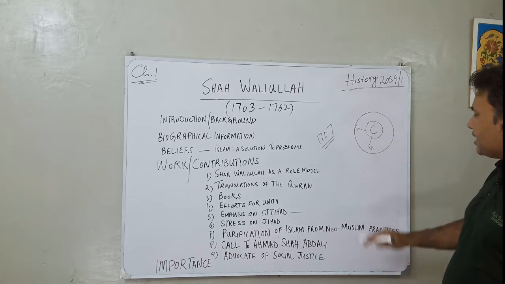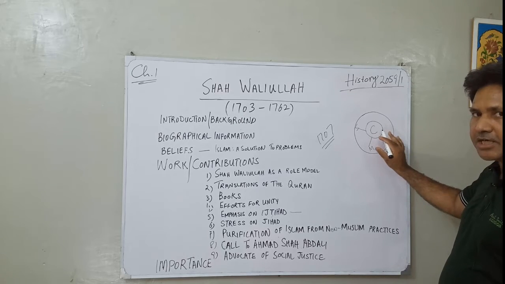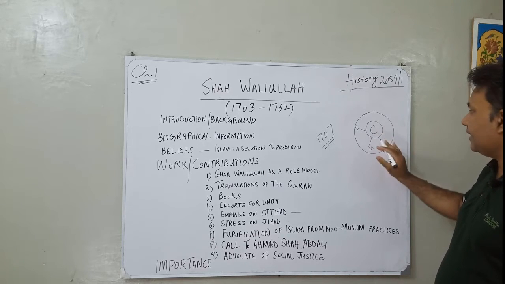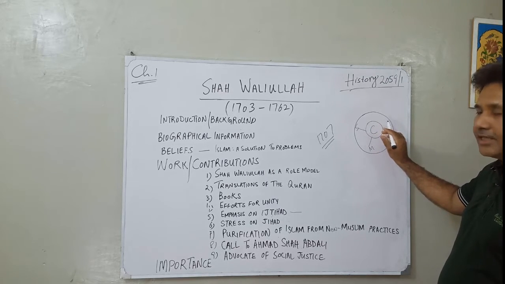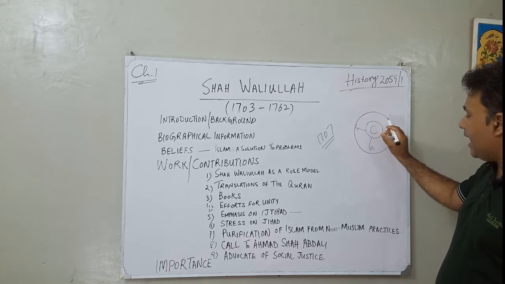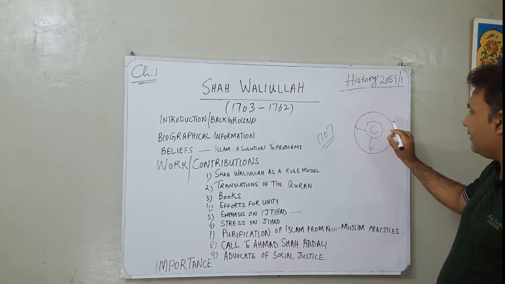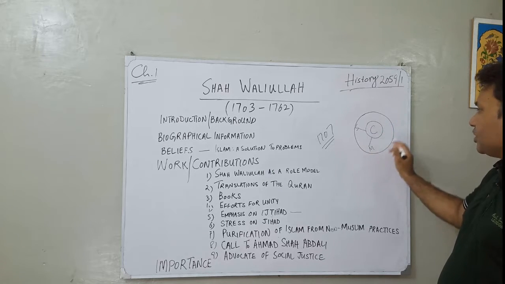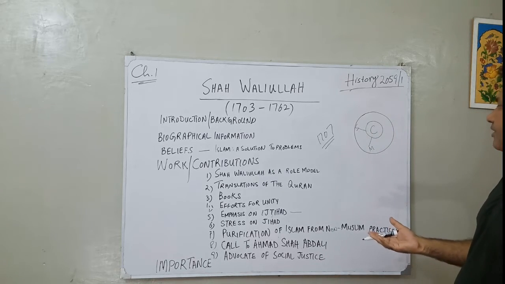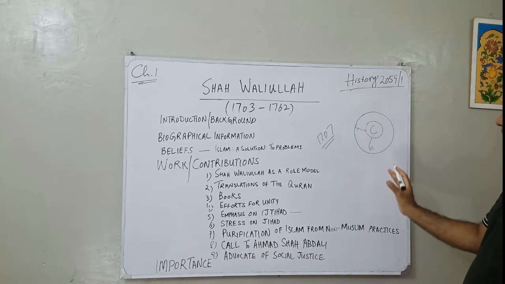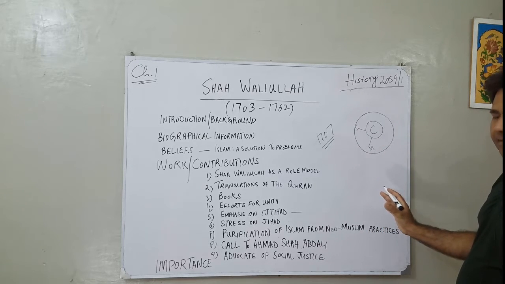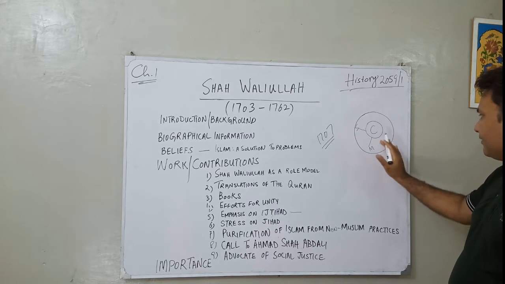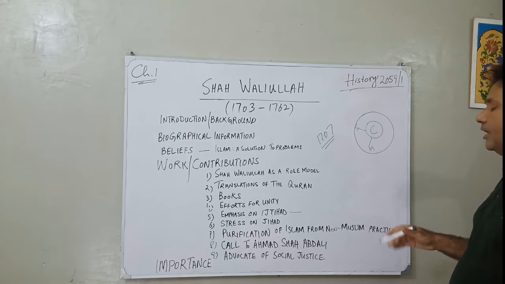And obviously the central administration of the Mughal government became weak or ineffective, and the central government had lost or had weak control over administration of the regions, and this showed that the Mughals were facing internal challenges, and apart from that they were also facing external challenges.